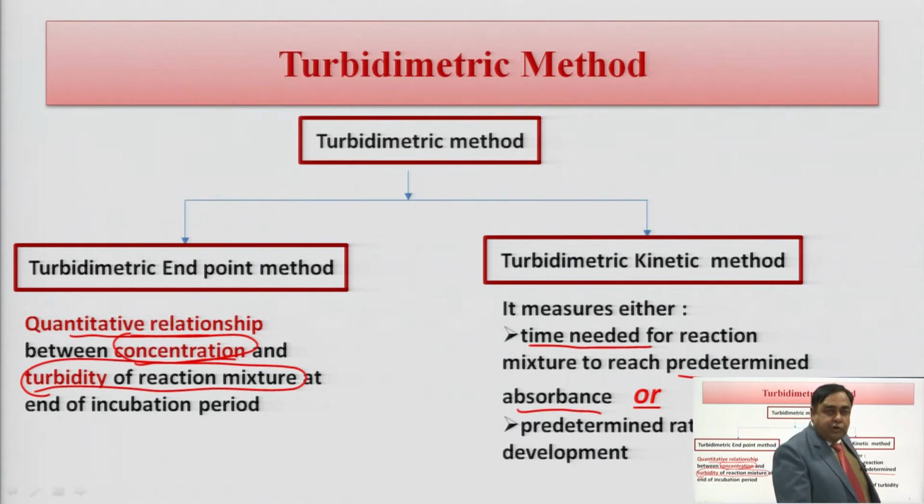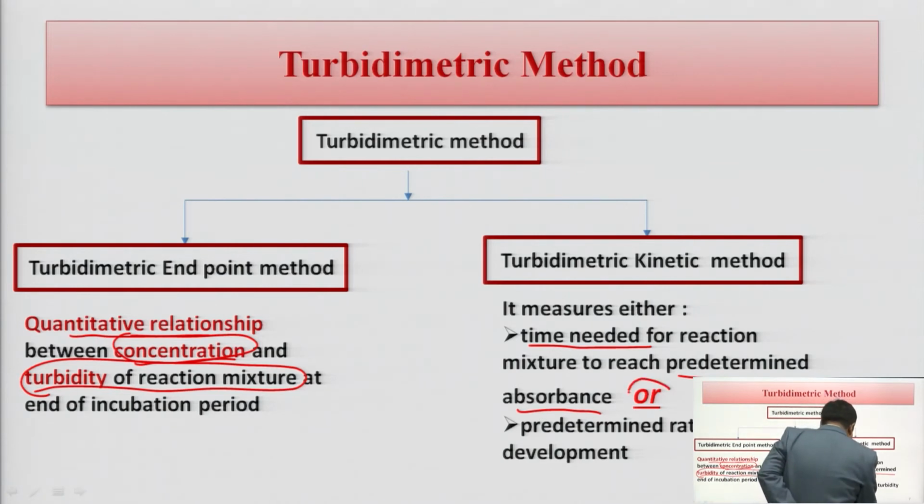We initially predetermine the value of absorbance, and in the turbidimetric kinetic method we measure the time required for the reaction mixture, or the pharmaceutical preparation to be more specific, to reach that value of absorbance.